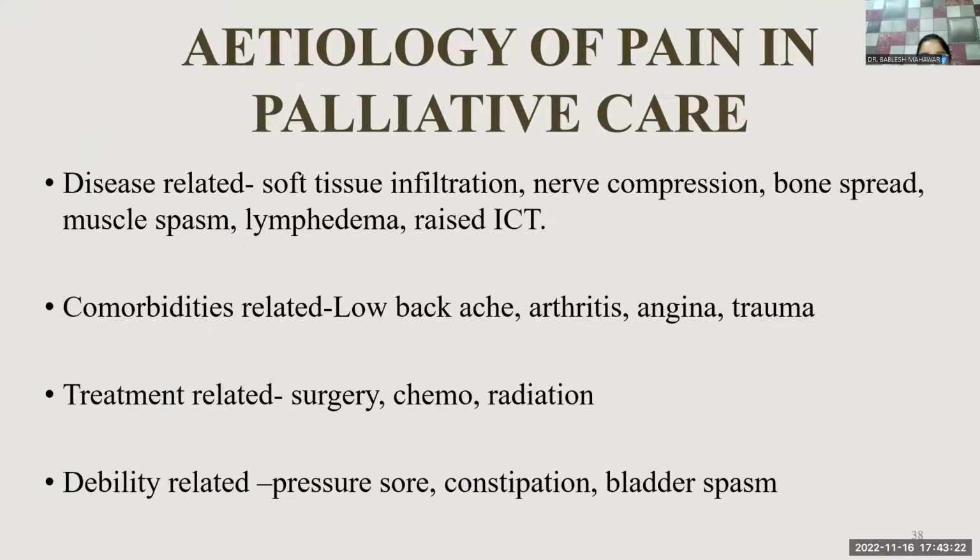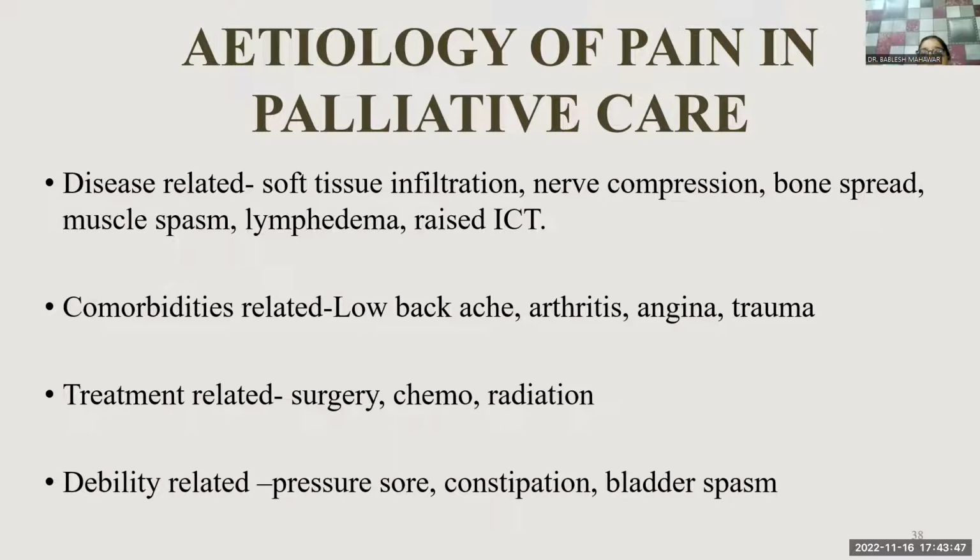Now, what is the etiology of pain in palliative care? Sometimes it is disease related: soft tissue infiltrations in cancer patients, nerve compressions, bone spread, metastatic spread, lymphedemas. Sometimes the patient has metastasis to the brain, so they have raised ICT and severe headache which is refractory to usual conventional treatment.